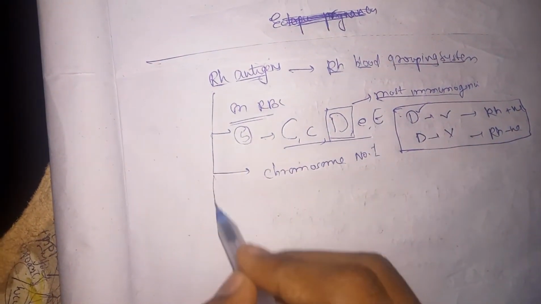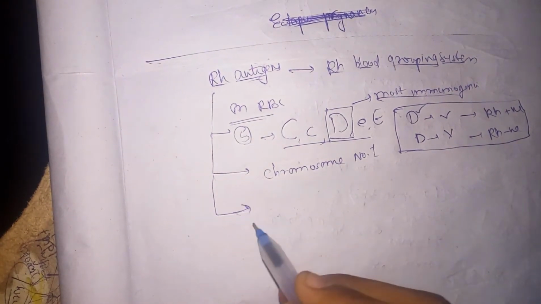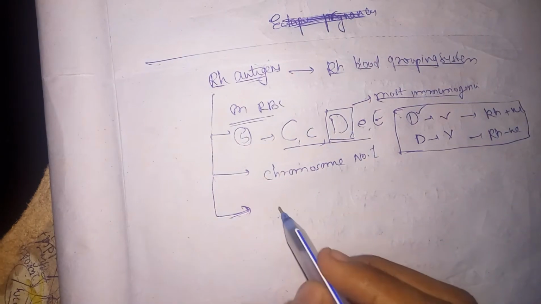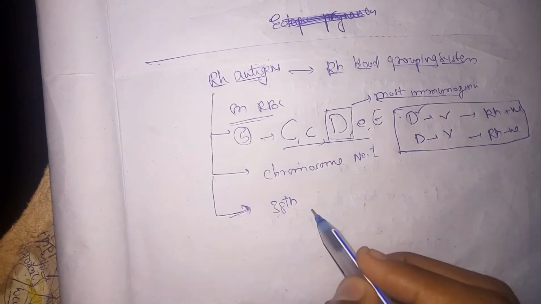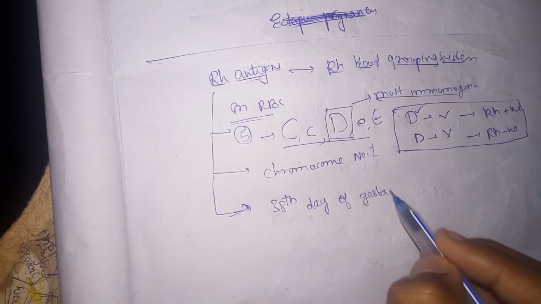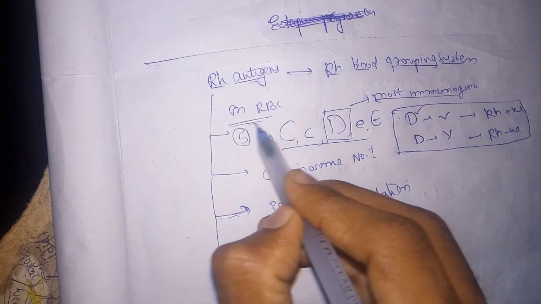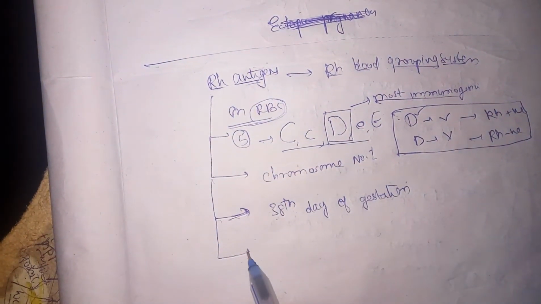These antigens are seen by the 30th day of gestation. As I said, they are present on the surface of RBC.